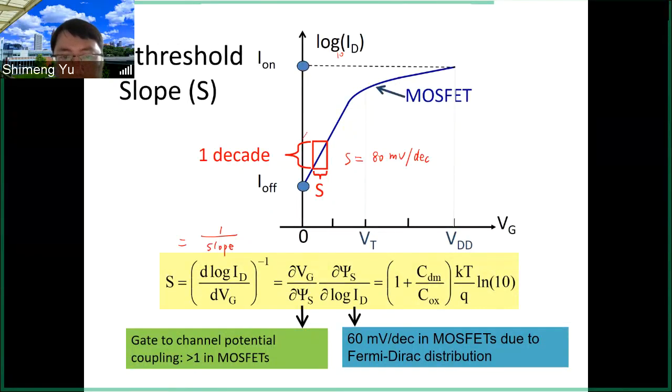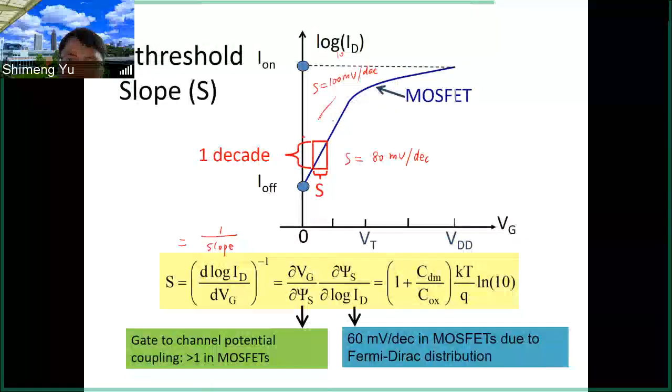Then it may have a curve like this. So it has a less steep slope. Maybe this S will become like 100 millivolt per decade.